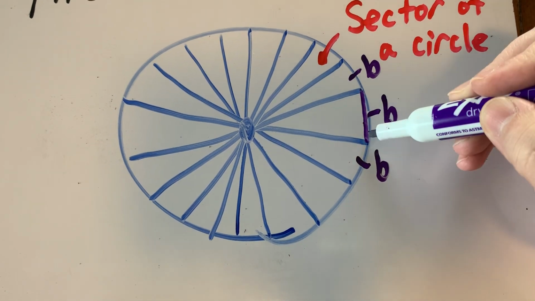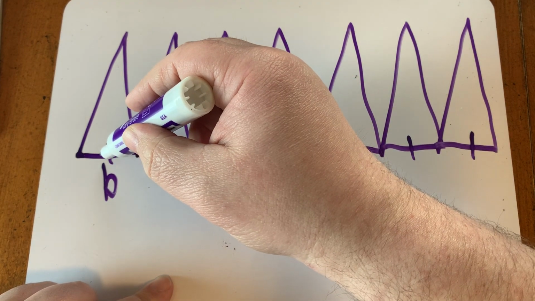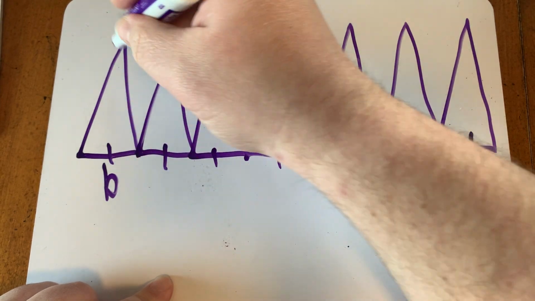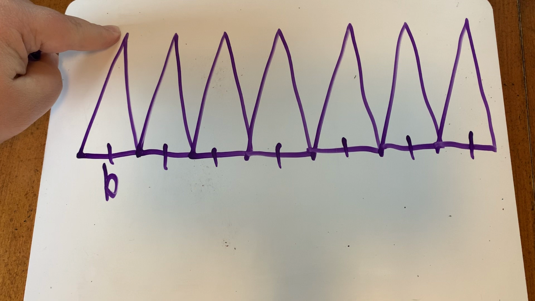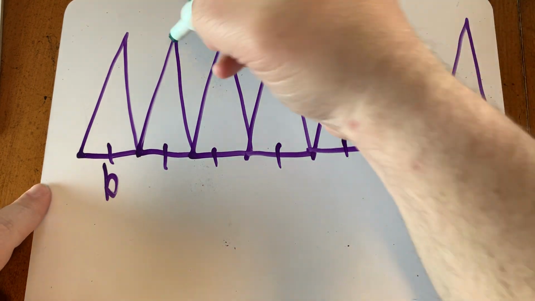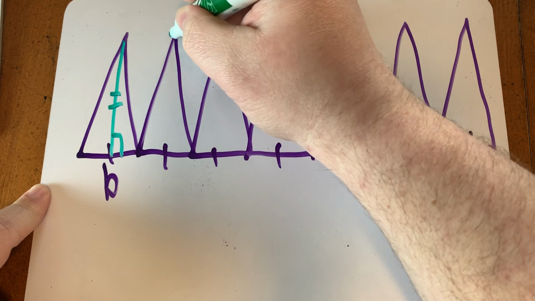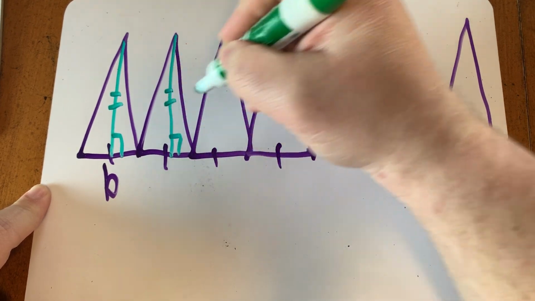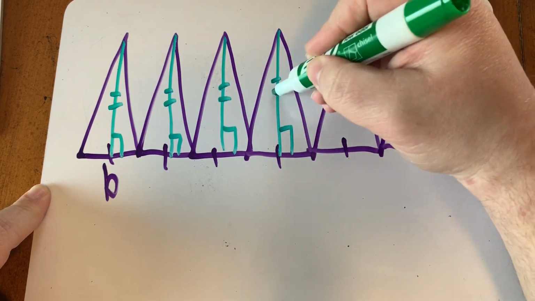Those are triangles if you draw the chord, but conceptually think about it like this. So, each of these triangles, this point is at the center, these sides are on the circle. So each of these heights would be the same, and they would be a radius of the circle.